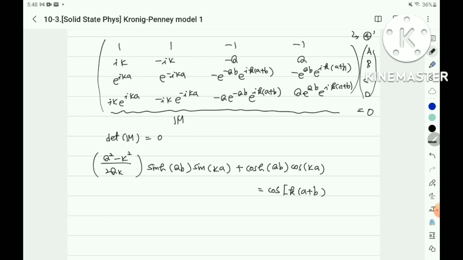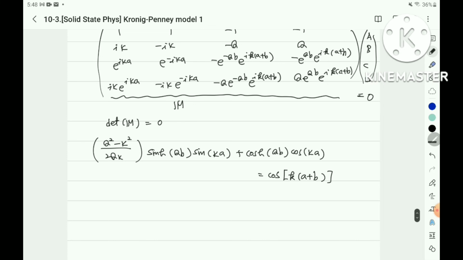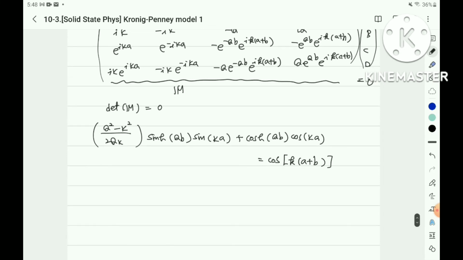It is the final result, and here it is the result of the Kronig Penney model. Anyway, in order to understand more simply, let's consider the delta function potential.